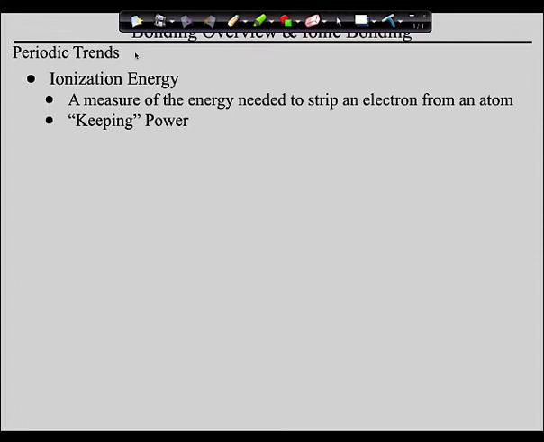So guys, the trend is exactly the same. As we go down a group, they get bigger, therefore their ionization energies go down. As we go left to right, they get smaller and their ionization energies go up. So guys, it really is different sides of the same coin, ionization energy and electronegativity. So we got this.